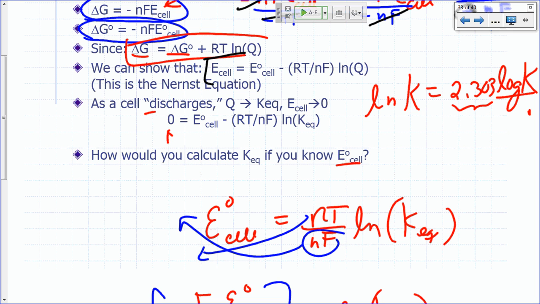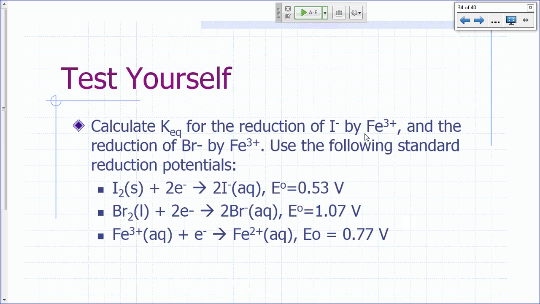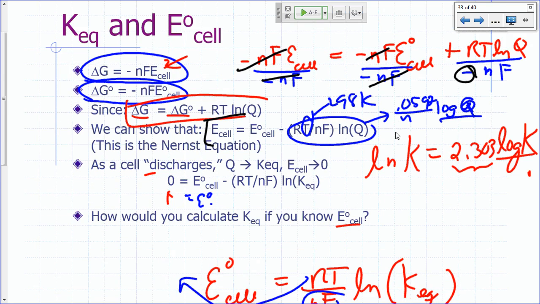So if you combine that, instead of this thing right here, you can say that's the same thing as 0.059 over n times base 10 log of q. In this case, you factor in your 2.303 and then change it to base 10 log. And we're plugging in 298 Kelvin as our temperature, 0.0592 to be more precise. So that's how you can calculate.